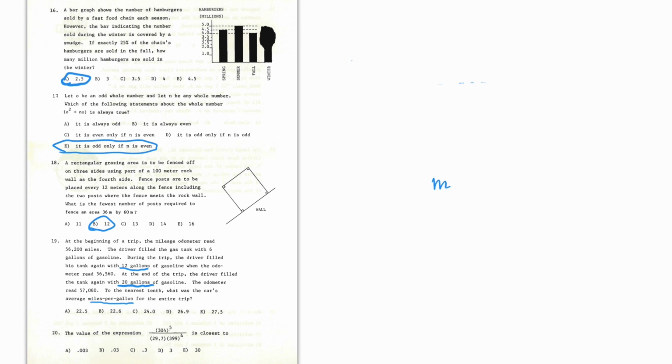So they ask miles per gallon. So we use the total distance divided by the total gallons used. The mileage at the end of the trip is 57,060 miles. At the beginning of the trip, it is 56,200.